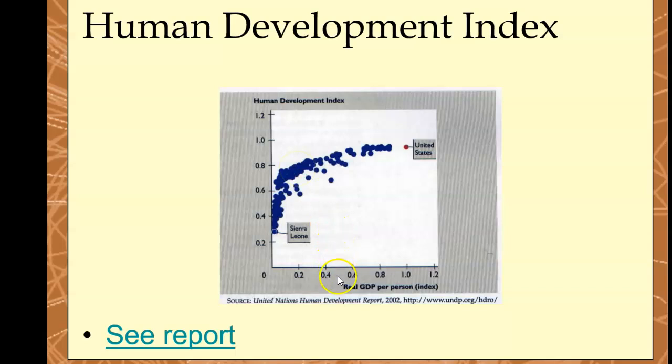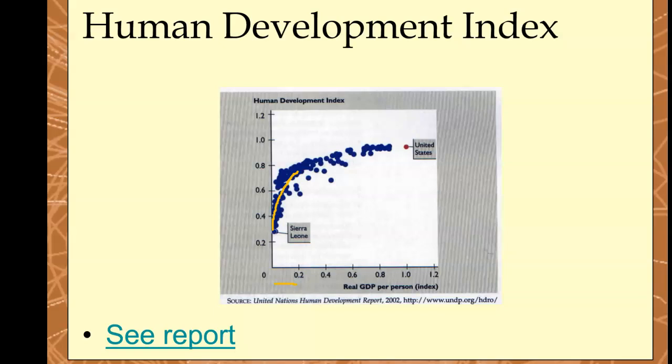But once your per capita GDP gets to about right here, you see that there is not much. Let me change the color. I'm going to change this to yellow right here. Okay, so you can see at low levels of per capita GDP, you see this rapid growth in HDI.